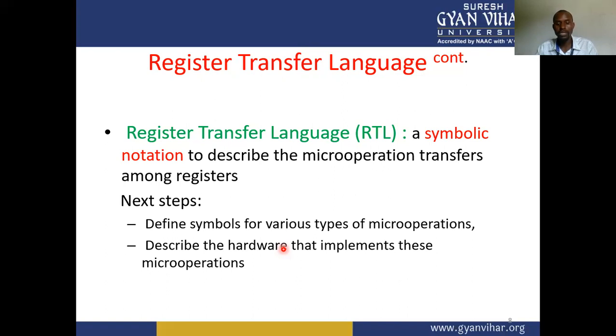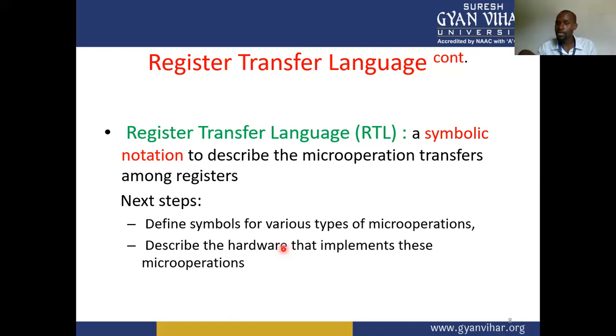Now, that means that register transfer language should be a language that is used to transfer information from one register to another in a basic sense, right? Now, a symbolic notation is also used, okay? So a symbolic notation is used, and its purpose is basically to describe the micro operation transfers among registers.